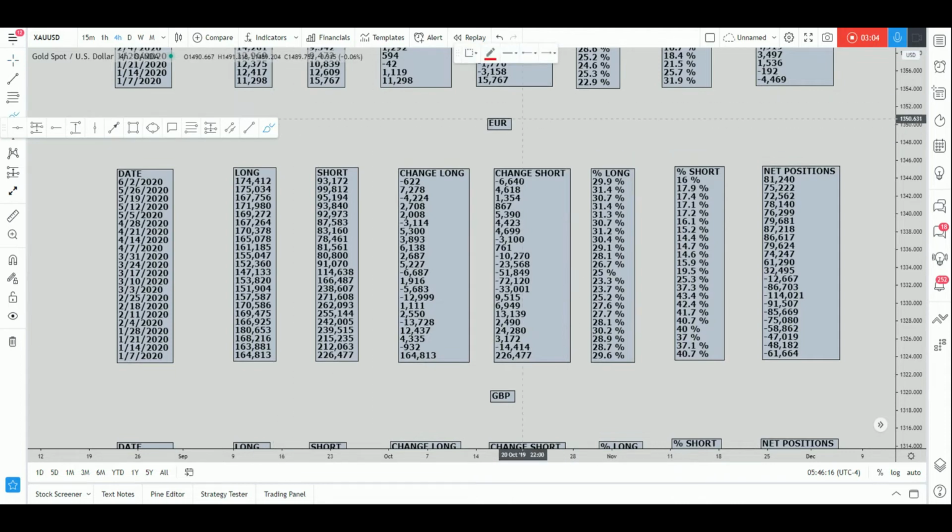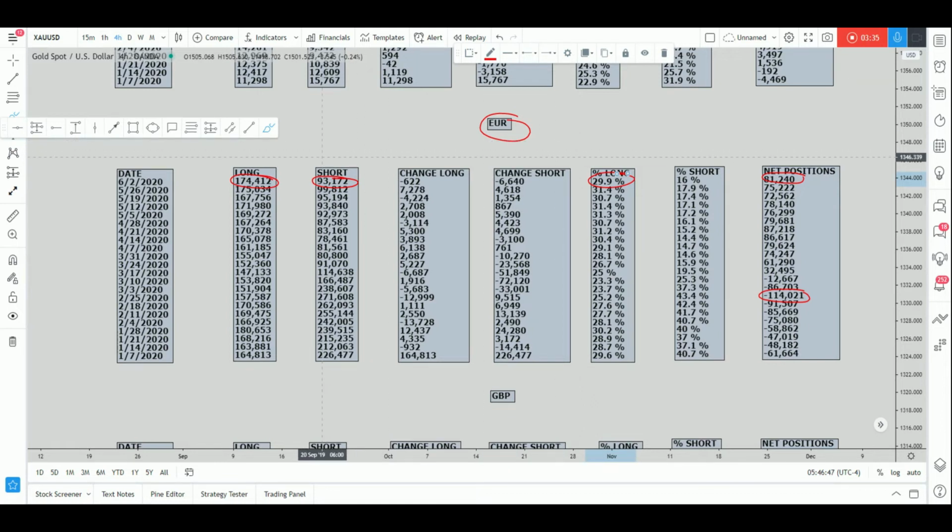Now, if we look at the euro, we can see that currently we were sitting at 81k net positions with the last report, showing a clear transition from an institutional perspective from having way more shorts than longs, so a negative positioning, to having way more longs than shorts. And in fact, currently we have 174k longs and 93k shorts with a 29.9% long exposure.